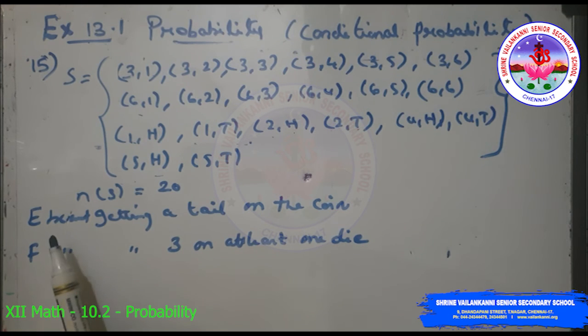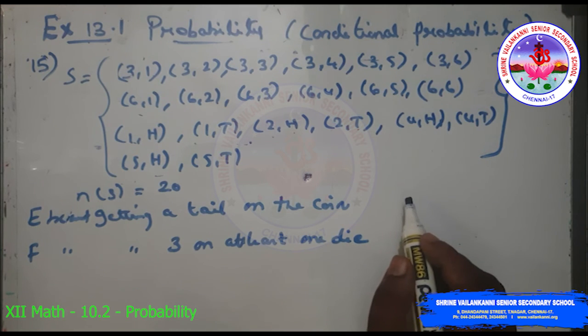So first, E is the event of getting a tail on the coin, given that at least one die shows a 3. So F is the event of getting 3 on at least one die. Let E be the event of getting a tail on the coin.